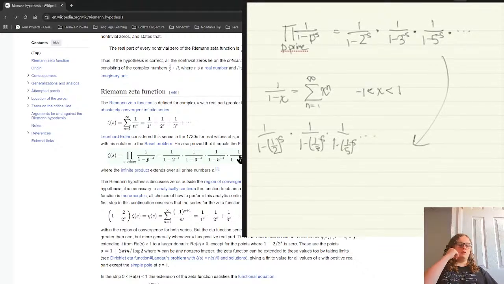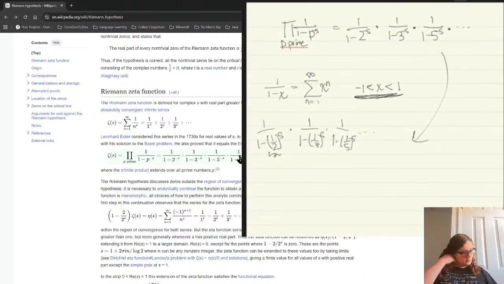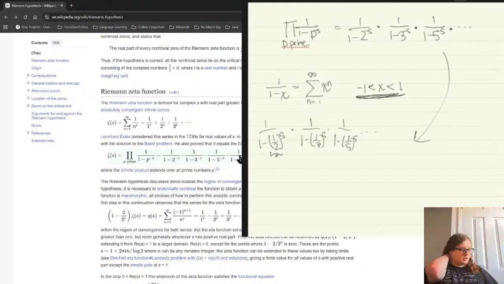So all of these numbers here fall within that zone. So we can actually rewrite this as a product of infinite sums. I don't know if that will be productive, but we can try it.